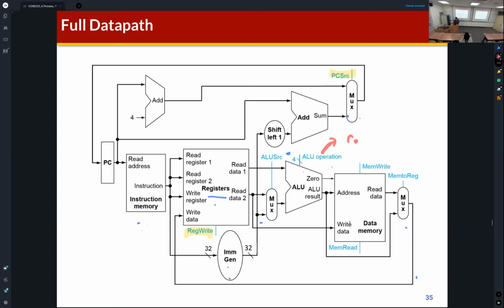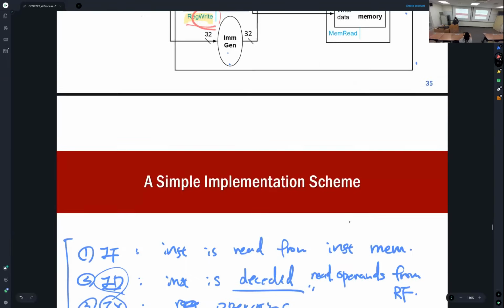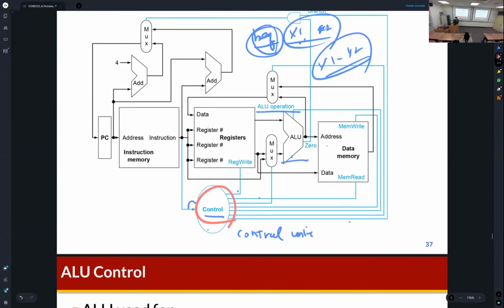Then we know that some hardware components require control signals, so this processor requires a control unit based on the instruction. The control unit generates the control signals for the hardware components.